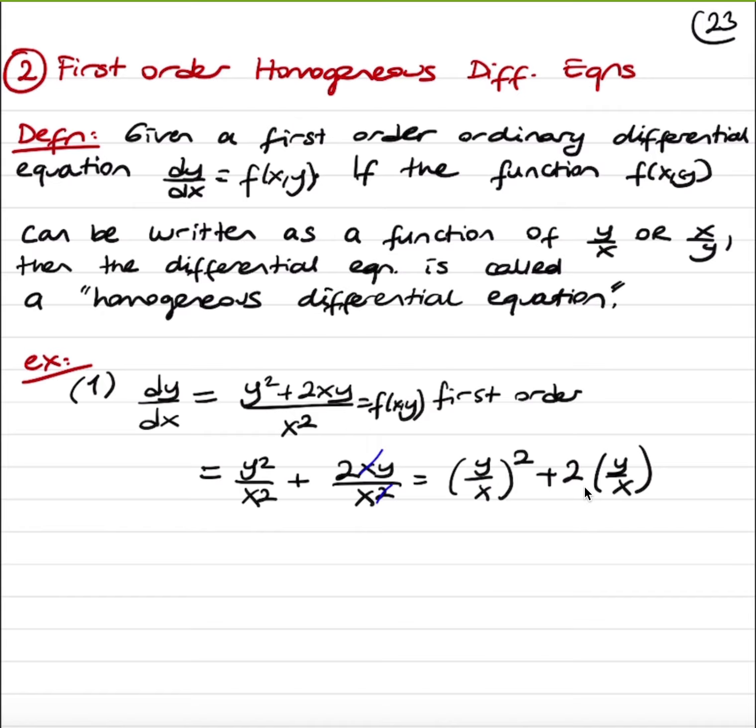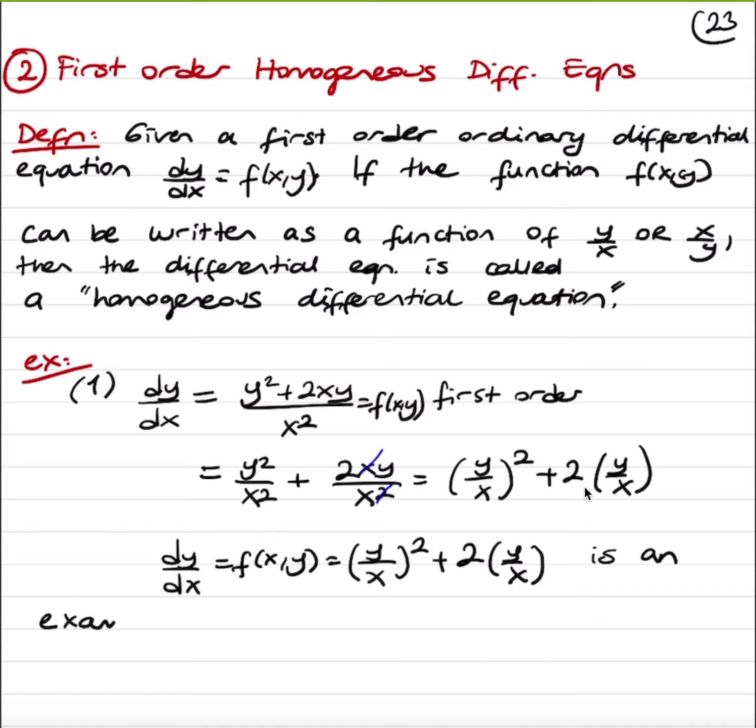So as you see, we write dy over dx is equal to f of x y as y over x squared plus 2 times y over x. So this is a homogeneous differential equation. This is an example of a homogeneous differential equation.